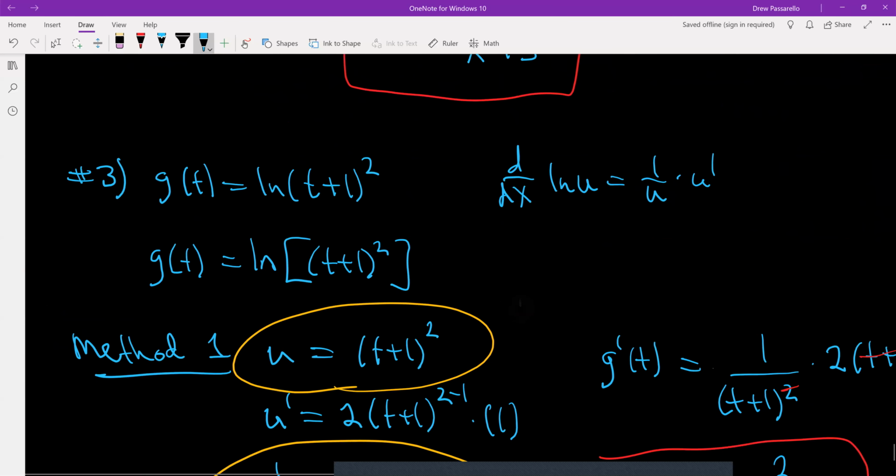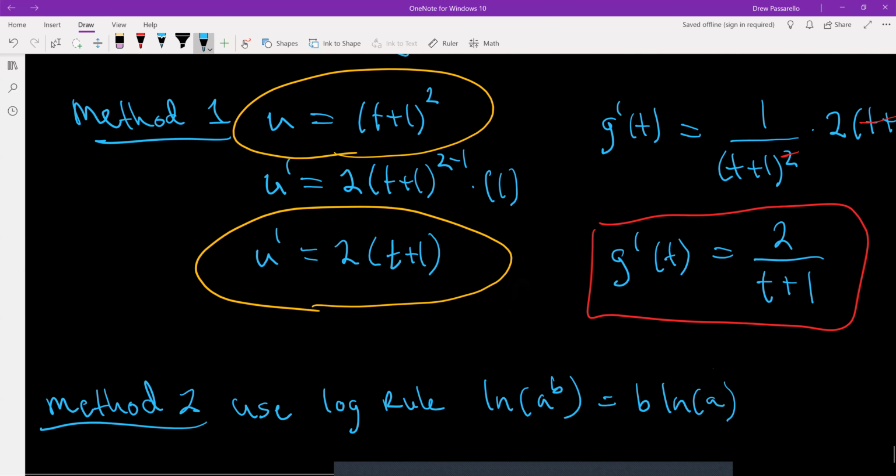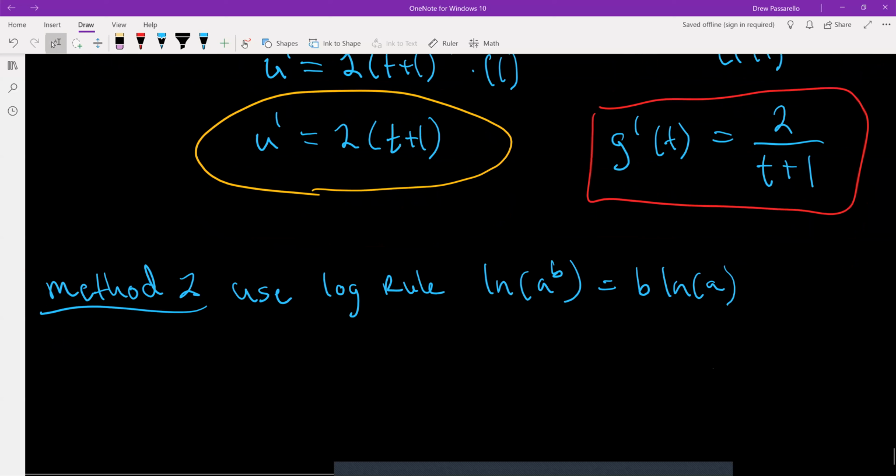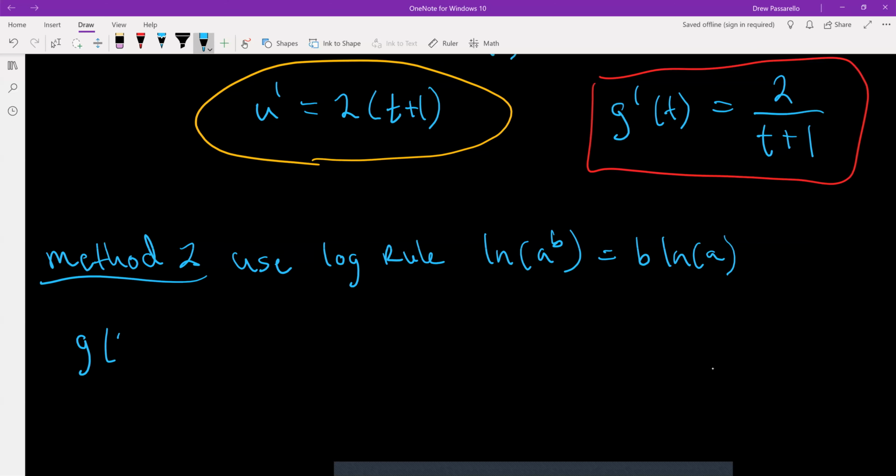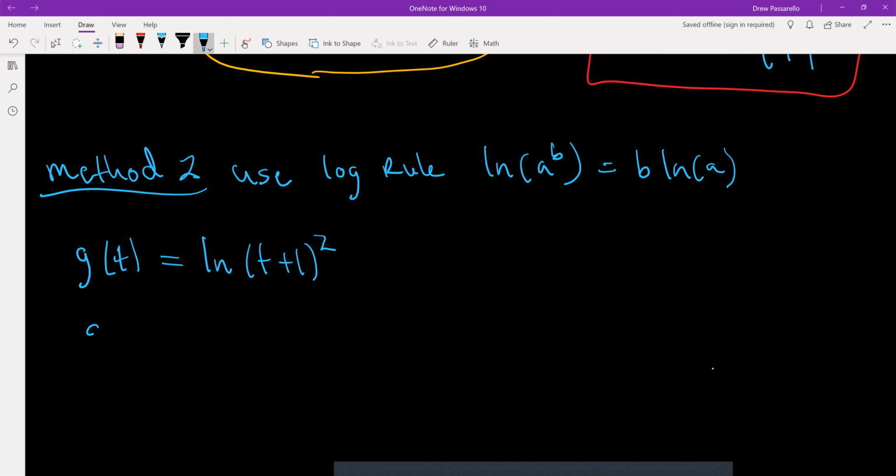So that's one of our logarithm rules. So for g of t, which is natural log of t plus 1 squared, you could bring the exponent in front of the logarithm, so that g of t is 2 times the natural log of t plus 1.